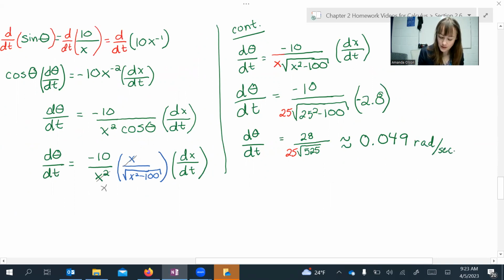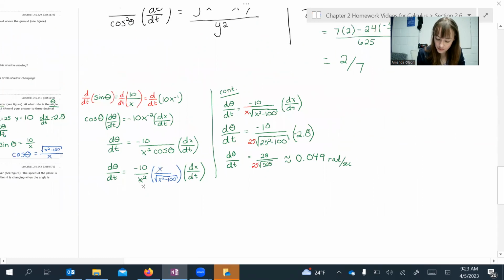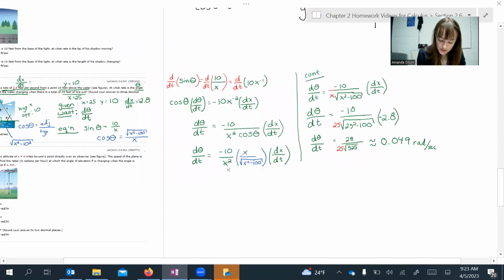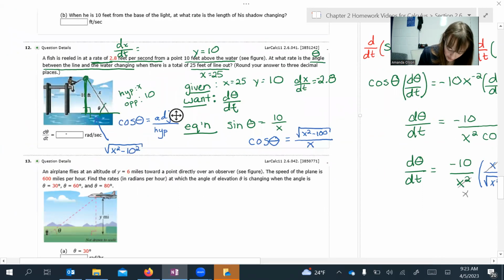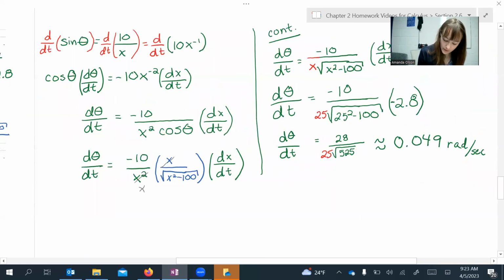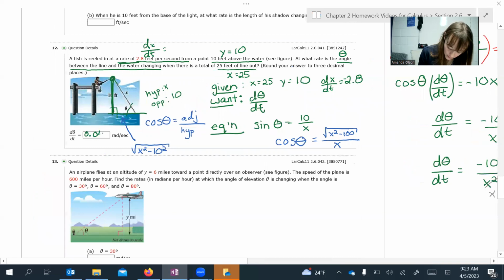Right. Okay, so hopefully that clears things up. And again, sorry about that mistake. So then our final answer is 0.049 radians per second. Okay, thank you.